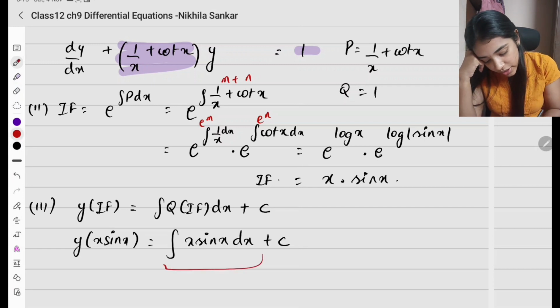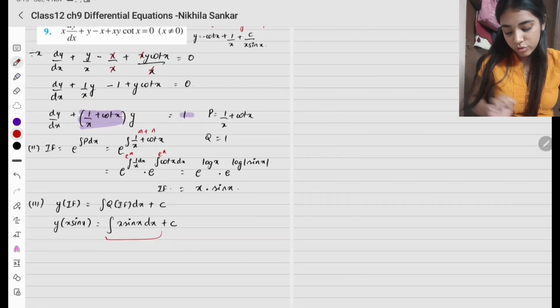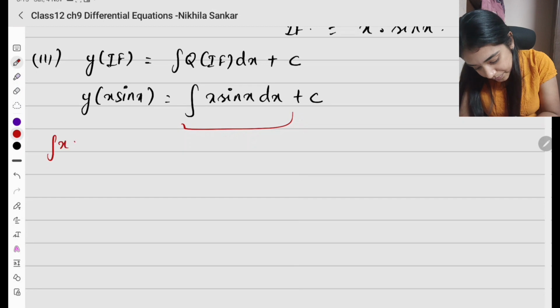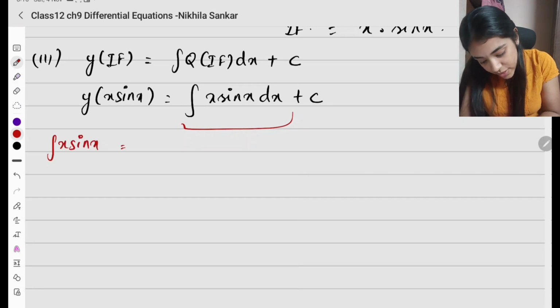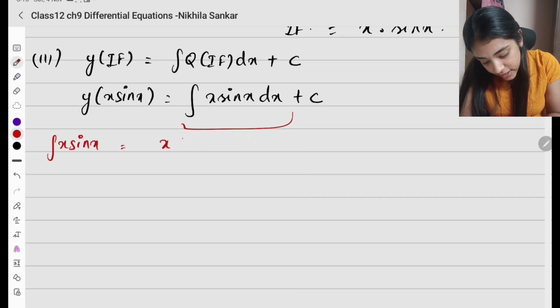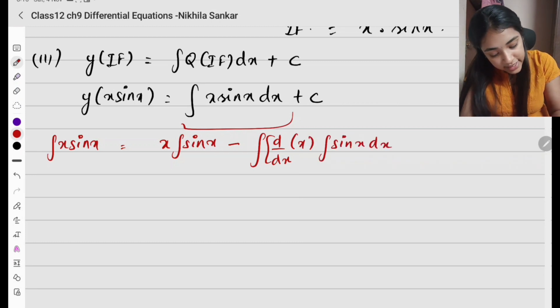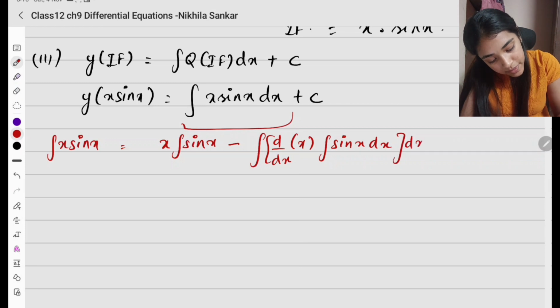This solve பண்றதுக்கு எல்லாருக்கும் தெரியும். Already integration by parts ல நிறைய போட்டுருக்கோம். So what do I have? Integration of x sin x is going to be x integration sin x minus d by dx of x times integration sin x dx.